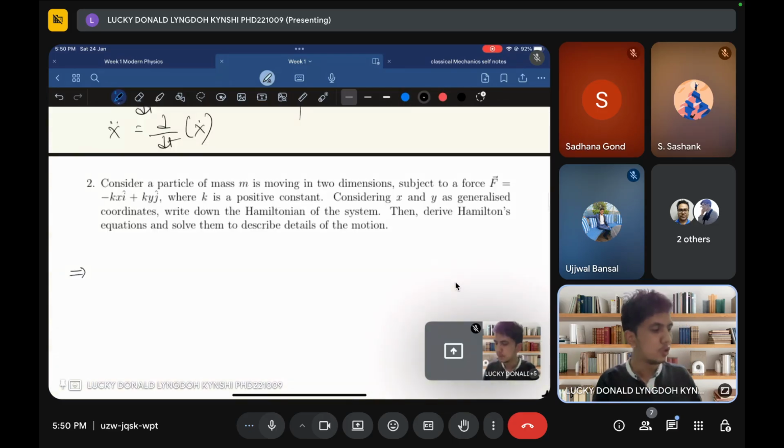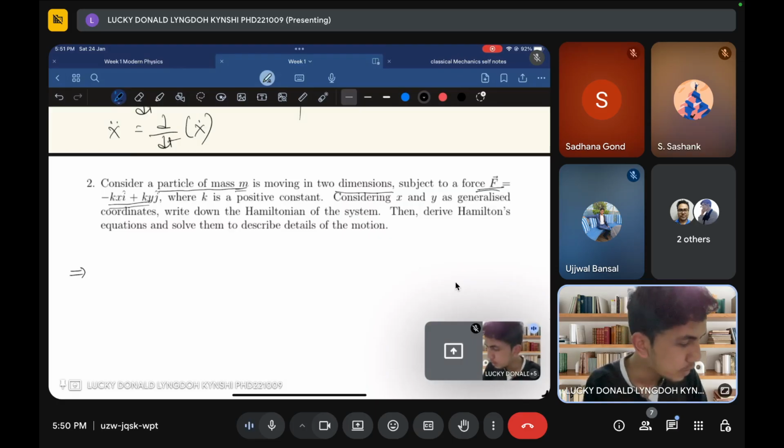Yeah, so now look at this question. Consider a particle of mass m moving in 2 dimensions, subjected to a force F equal to minus of kx, ky.